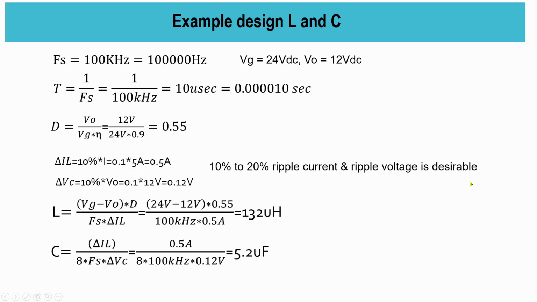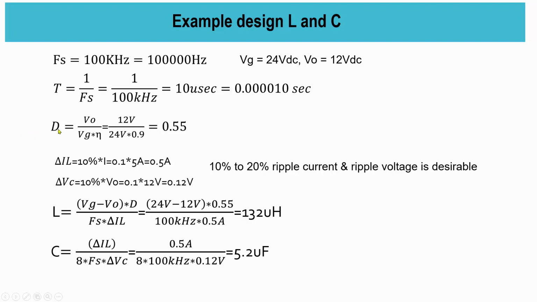Let's go into an example of designing the values for L and C. In this case, we have a switching frequency of 100 kHz. The input is 24 volts with the output of 12 volts. So our T will be 10 microseconds.